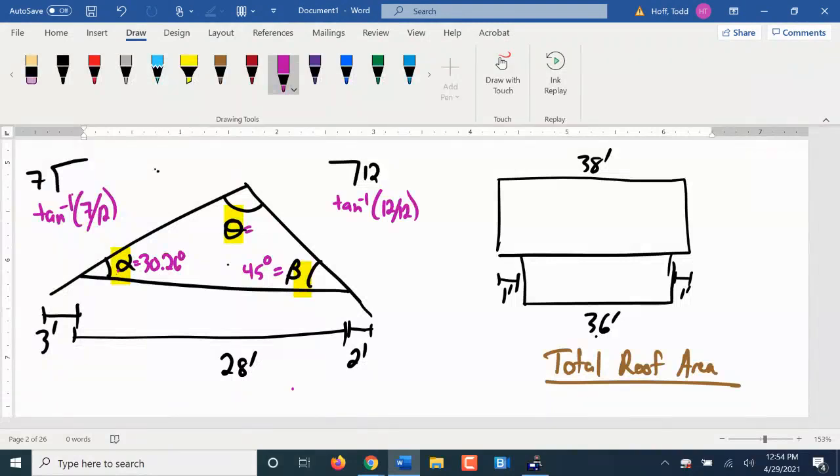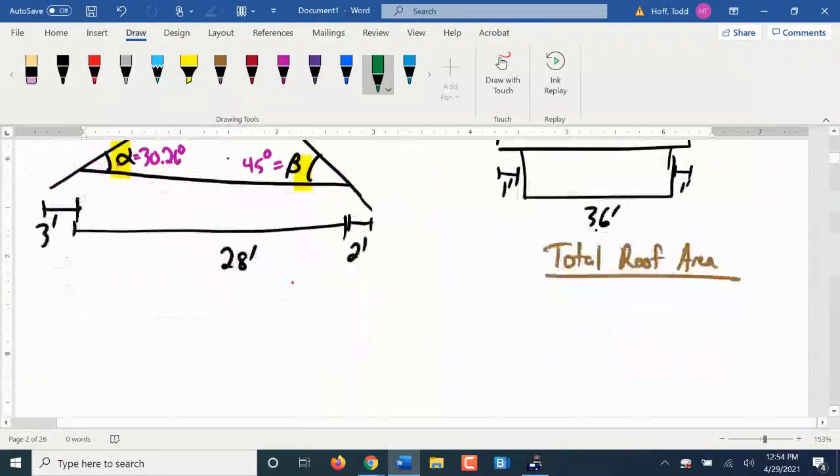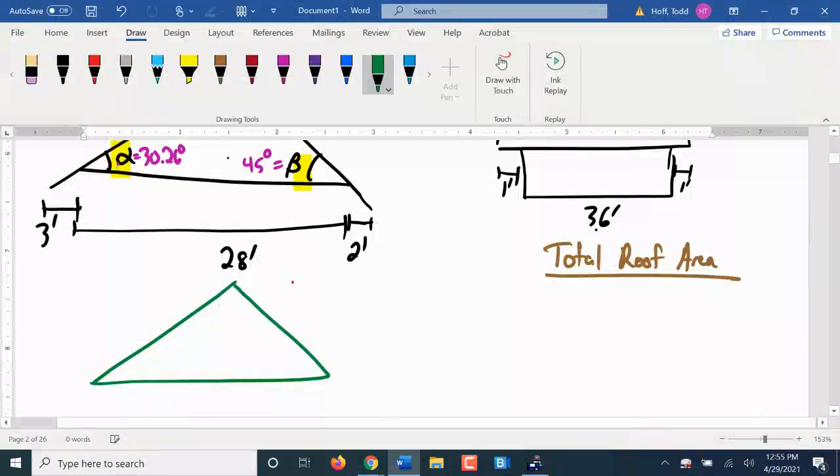Theta then is 180 minus those two, which is going to be 104.74 degrees. So we have our 3 angles here. What we would need to do is I'm going to redraw this triangle without the overhangs.